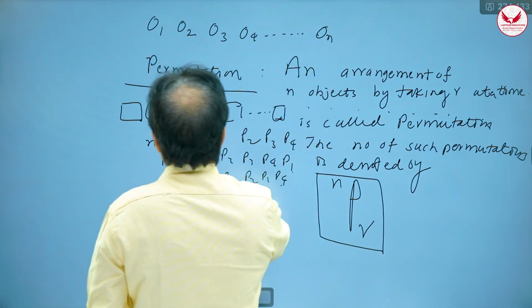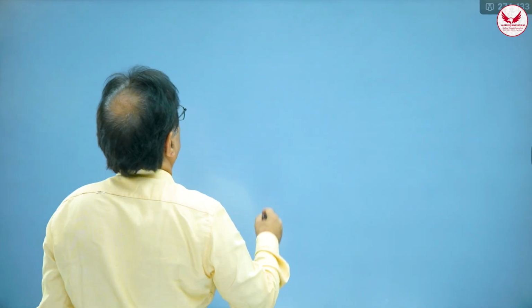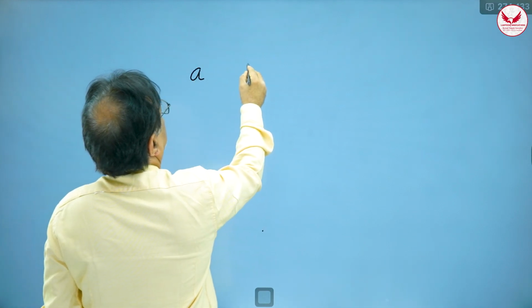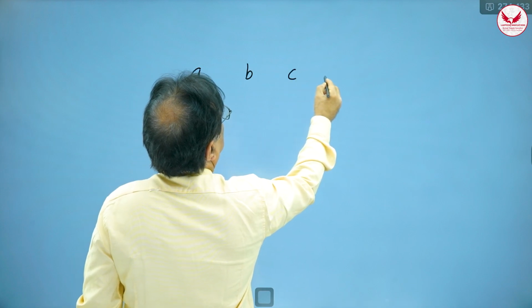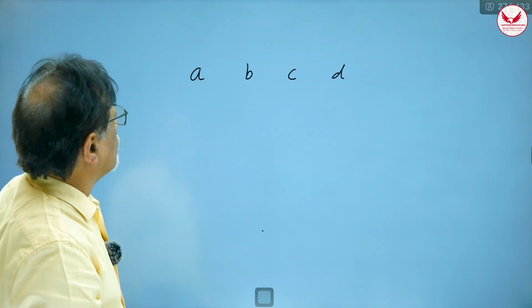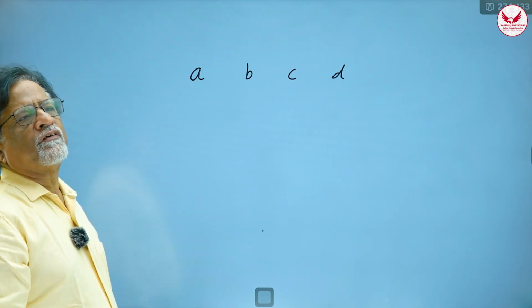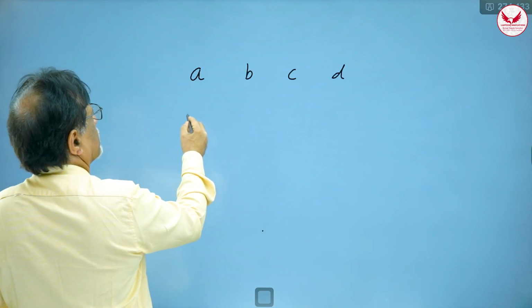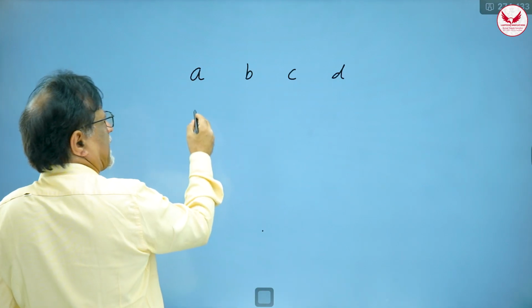Okay. Now let us start with a concrete example. Let us say I've got 4 objects, let us call them A, B, C, and D. But I don't want all 4 objects to be arranged. So I'll take only 2 of them. If I want to take 2 of them, how many ways can I arrange them?